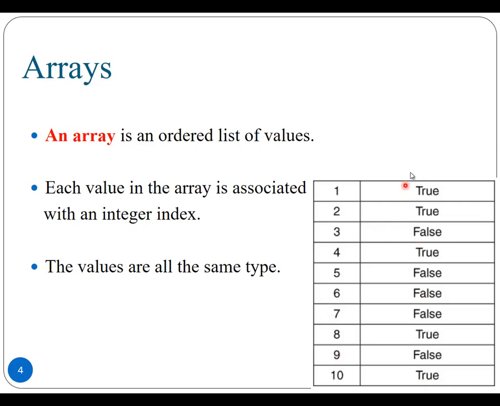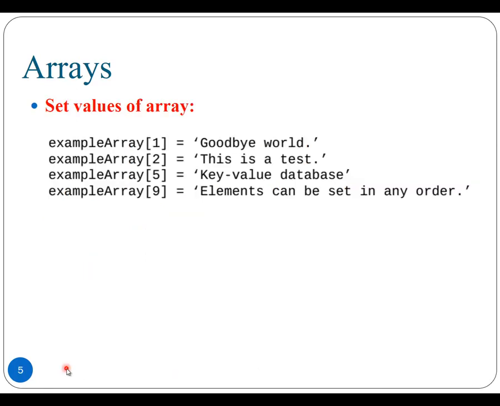All of the values are Boolean values, true or false. Okay, each of the values has an index, and this is the array, the same values, and each value has an index.